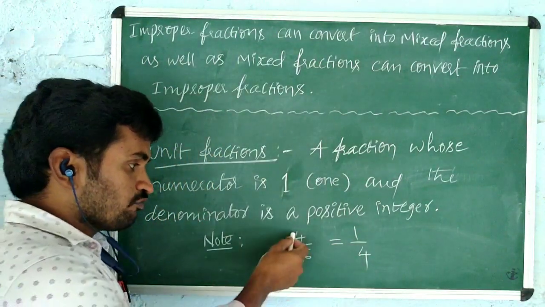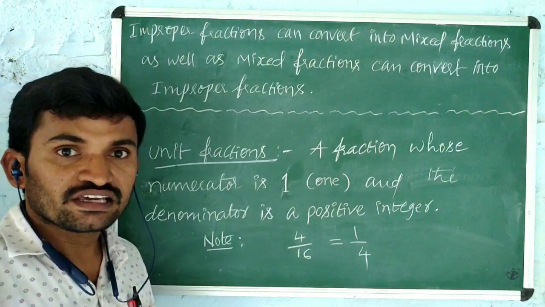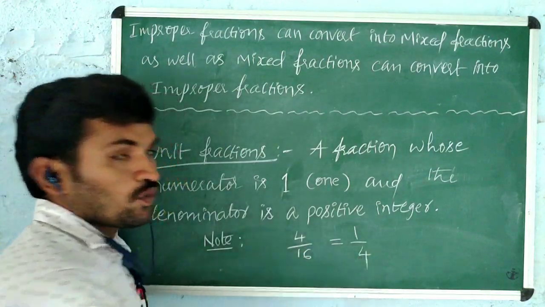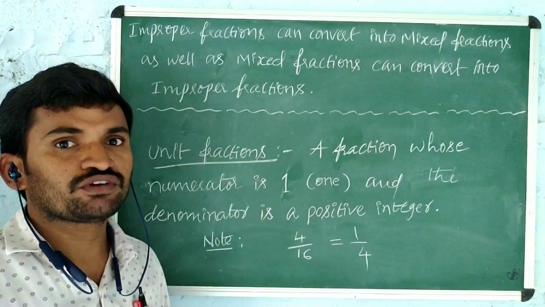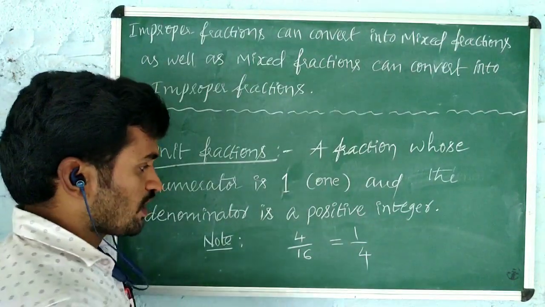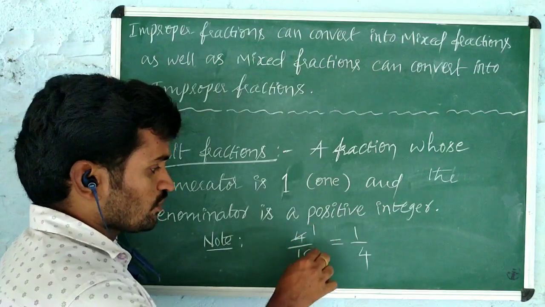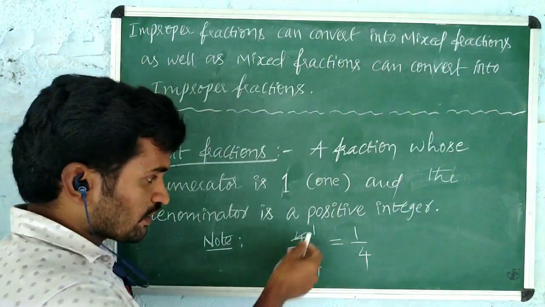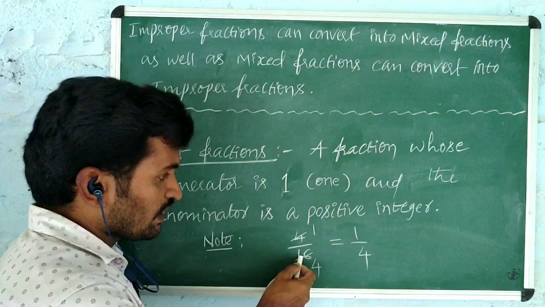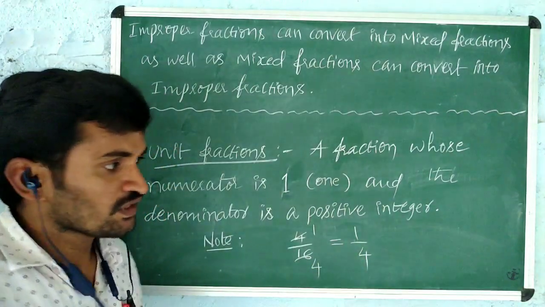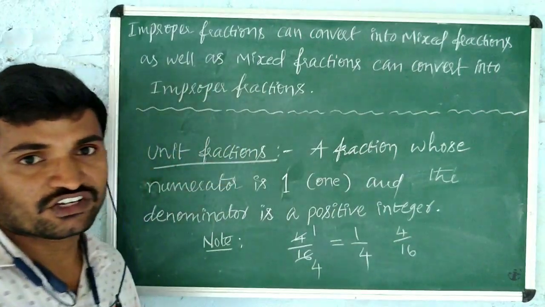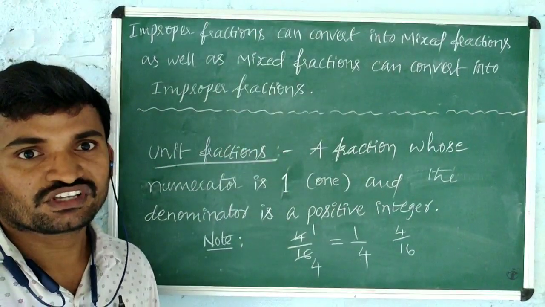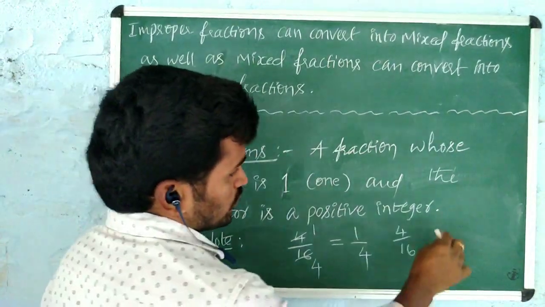Here 4 by 16 is an equal fraction of 1 by 4. It means by reducing into lowest form or least form, 4 1 is 4, 4 4 is 16. We are converting 4 by 16 as 1 by 4. So here 4 by 16 is also a unit fraction.